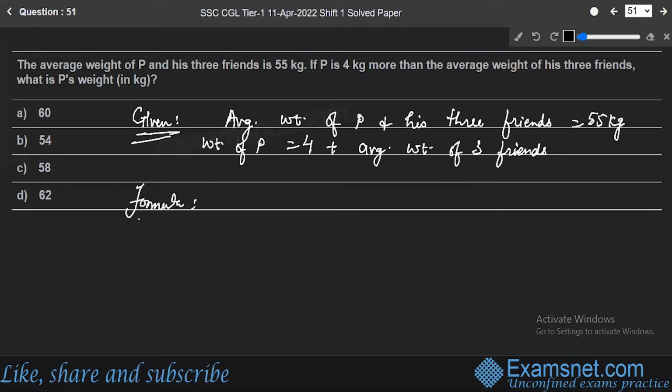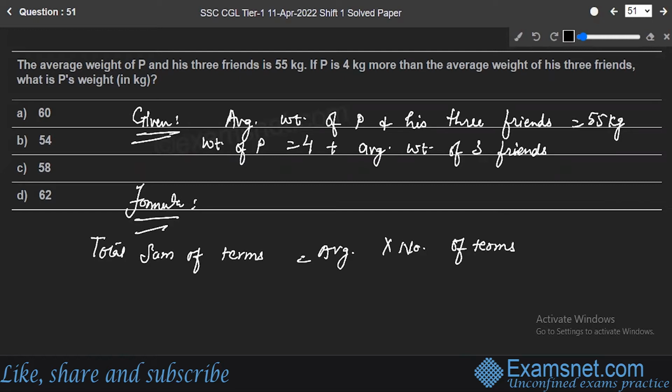Let's see the formula that we'll be using in this question. The formula is the total sum of terms is equal to average into number of terms. Correct? Let's go with the solution part.